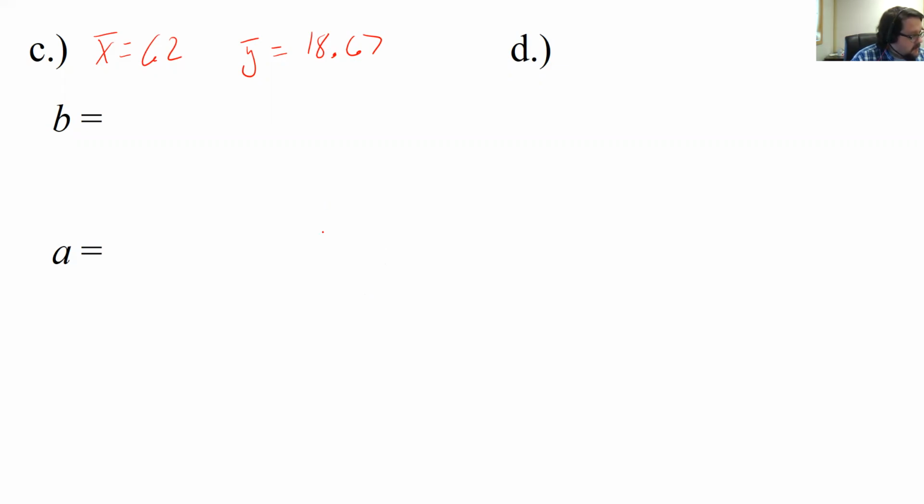And then find A and B, then find the equation of the least squares approximation. Okay, so again, to find B, we're going to use that big formula there. So let's get that out.